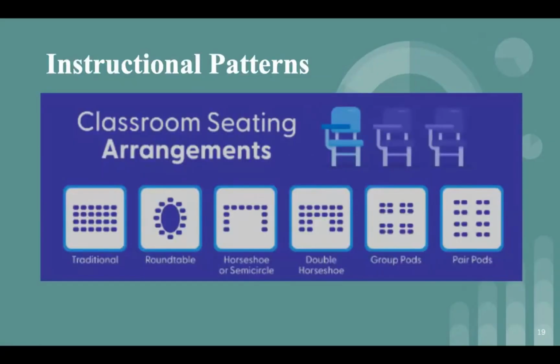These are some of the examples of classroom instructional patterns. This is how you can arrange your seats. Mostly all the schools follow 40, 45, or 50 minutes of sessions.